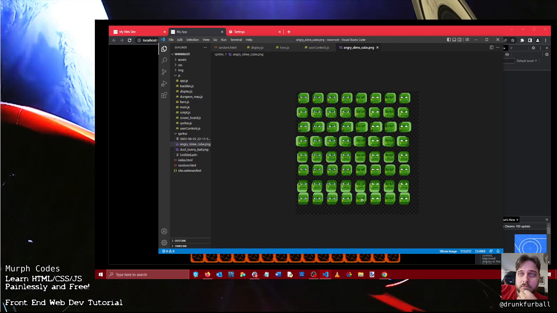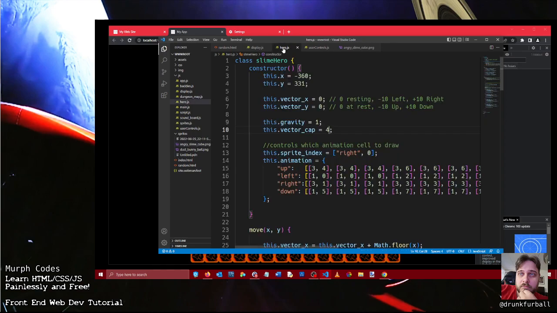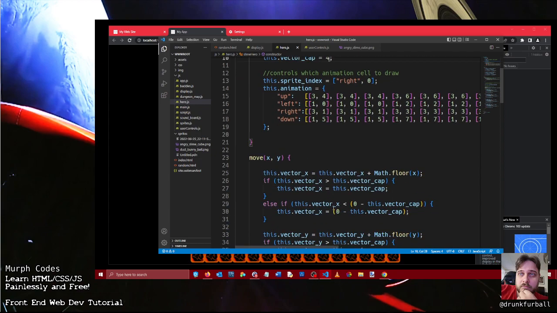Then there's ones where he's blinking, in either direction. We want to try to use as many of these cells as we can to give our hero personality. And it is this animation dictionary where we will do that.